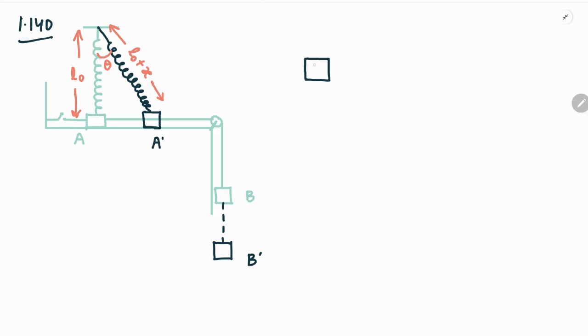So for the mass to leave contact with the surface, it is important that the weight of the block in the downward direction is taken care of by the spring force component in the upward direction. If this angle is theta, then this angle is also theta, as the spring force will be acting in this direction.